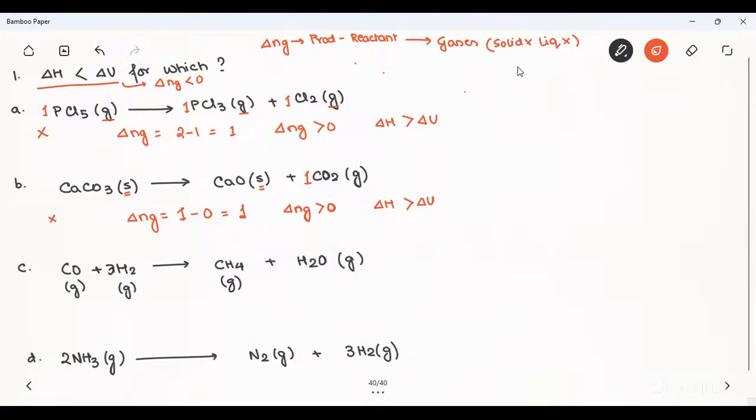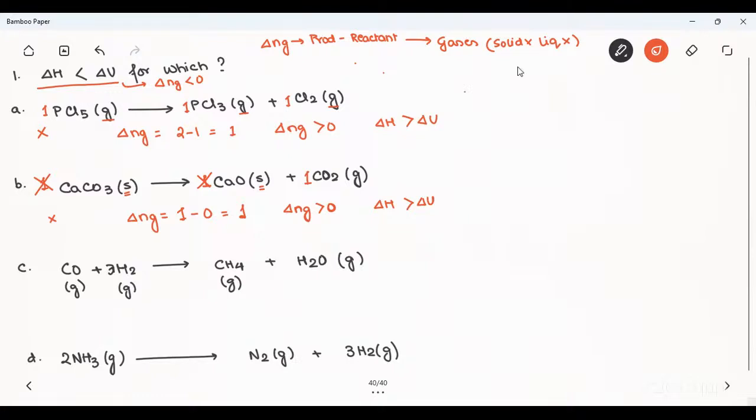You understood that solids we will not consider here, because this is valid only for gases. Is this part clear? Yes, sir. Everyone, is this part clear?